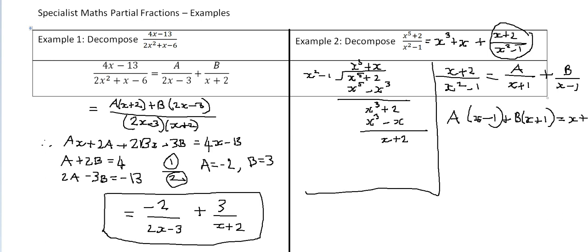Okay, so we're going to end up with simultaneous equations again. So we're going to get ax, expanding that right hand side, minus a plus bx plus b equals x plus 2.